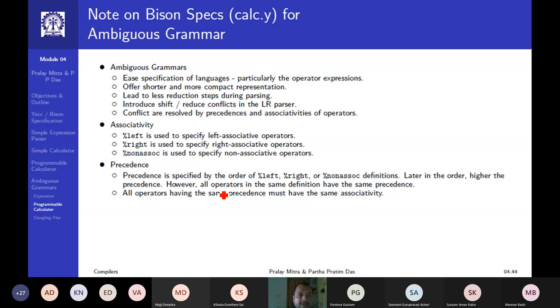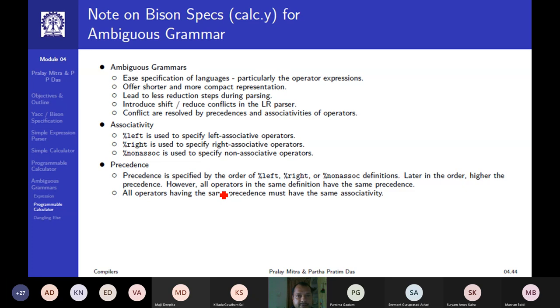Sometimes ambiguous grammar is used for its ease of specification of language. It's of a shorter and more compact representation, lead to less redundant steps during parsing. It may introduce some shift-reduce conflicts in the LR parsing, and conflicts are resolved by precedence and associativity of operators.